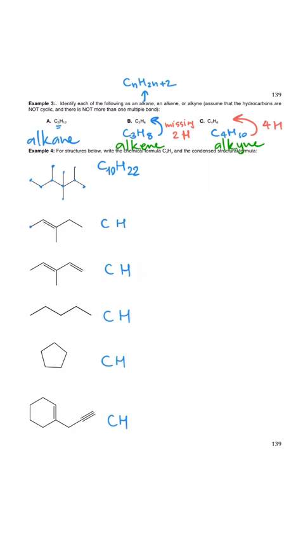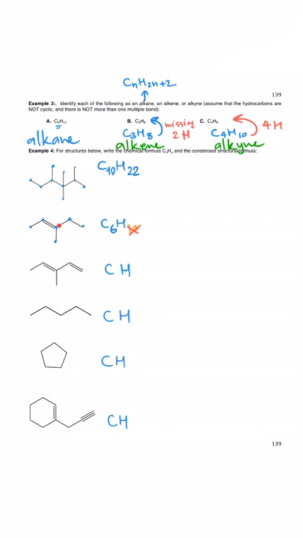How many carbon? 1, 2, 3, 4, 5, 6. So it would be 6 carbon. If this molecule were an alkane, the chemical formula would be C6H14, right? Because 6 times 2 is 12, plus 2 is 14. However, this molecule is not an alkane. Therefore, it's not going to be 14. So the number of hydrogen would be different.